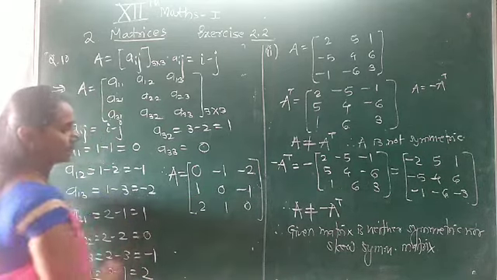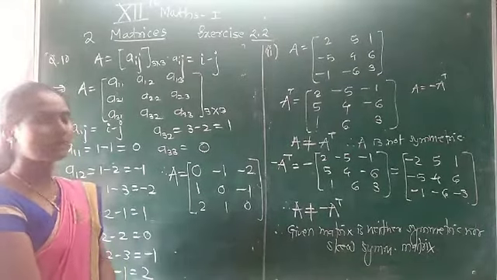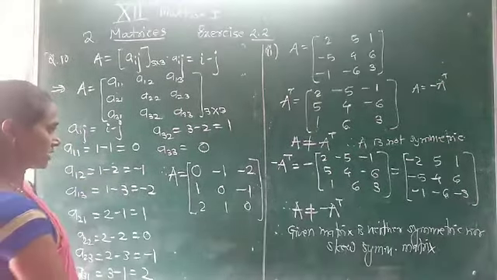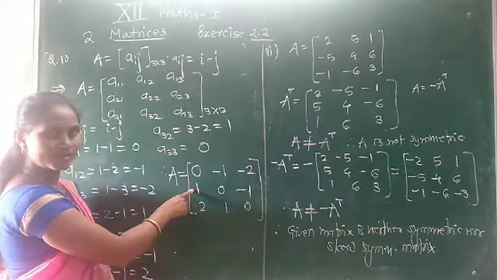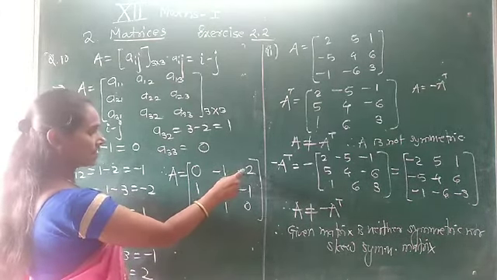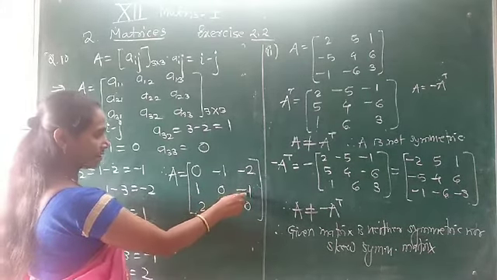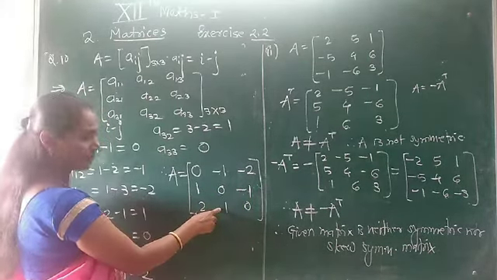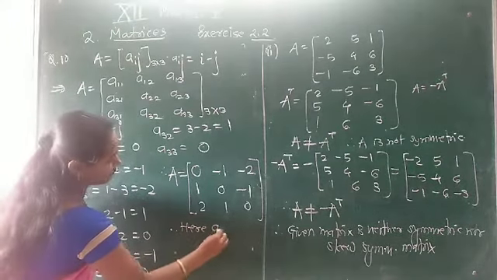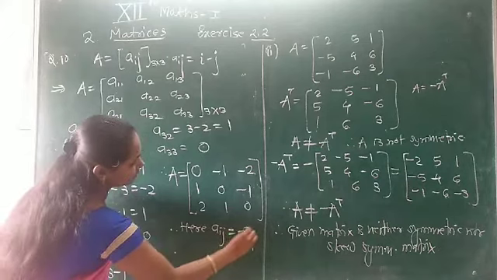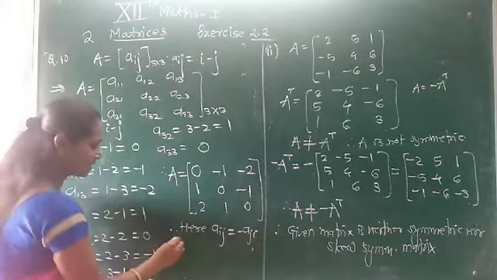Here diagonal elements are 0. And we have to check whether the matrix is symmetric or skew symmetric. So we check. Here value of A12 is minus 1 and A21 is plus 1. Value of A13 is minus 2, A31 is plus 2. And value of A23 is minus 1 and A32 is equal to plus 1. Therefore, here Aij is equal to minus Aji. Only the sign is changing in these elements.